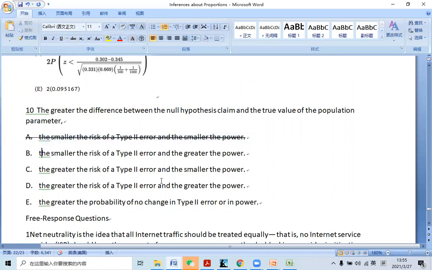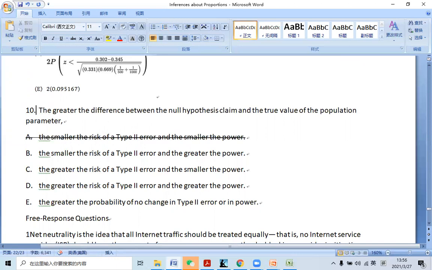How about B? The smaller the risk of type 2 error and the greater the power. This statement is not wrong. This statement is true. But does this apply to the question?